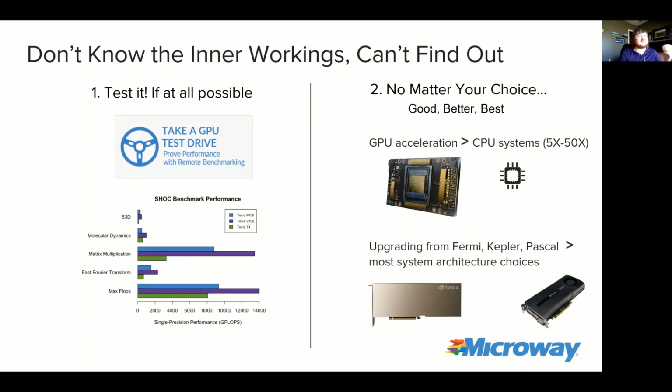The difference between 5 and 10x improvement in performance is hugely critical, but both are going to be an immense speed up. So this is going to far exceed any architecture gradation, whether you're upgrading from CPU to GPU, or if you're upgrading from a much earlier architecture GPU, say Fermi or Kepler or Pascal GPUs. That's going to far outweigh any system architecture choice.